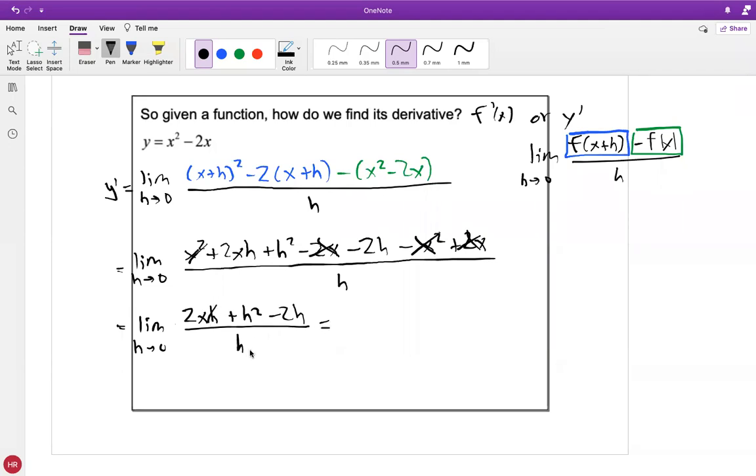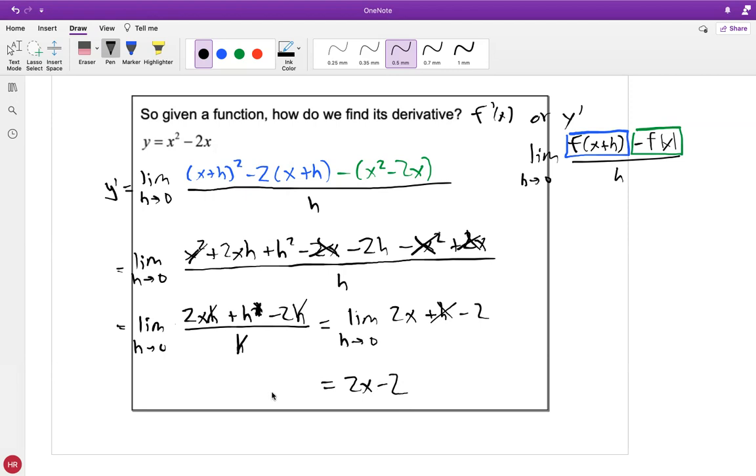I can cross off this guy, this guy, this guy, and the squared goes away. So I'm left with the limit as h approaches 0 of 2x plus h minus 2. And now I can plug in the 0. If I plug in the 0 now, this h just goes away, and I get 2x minus 2.